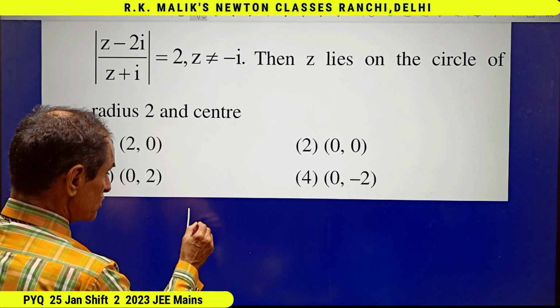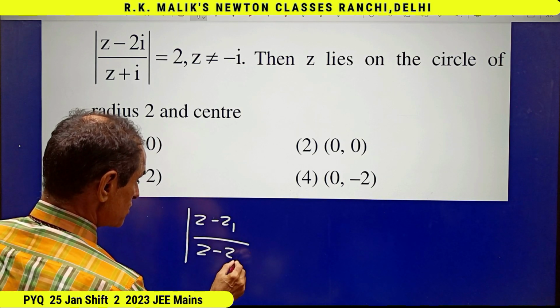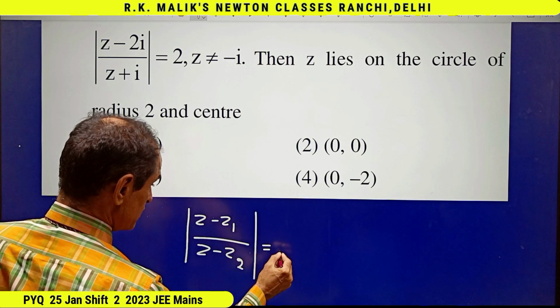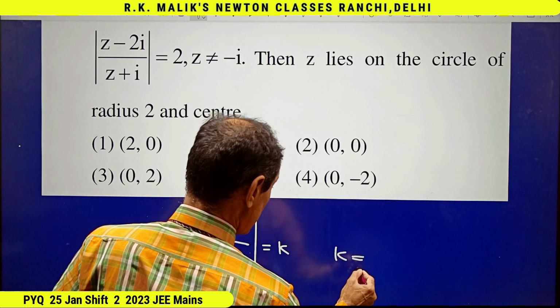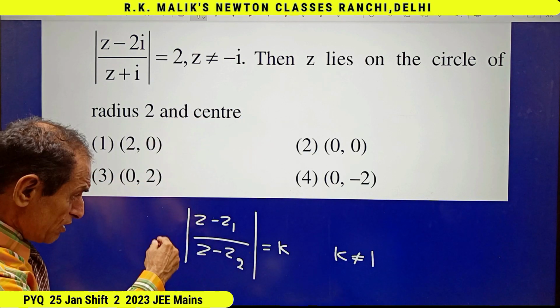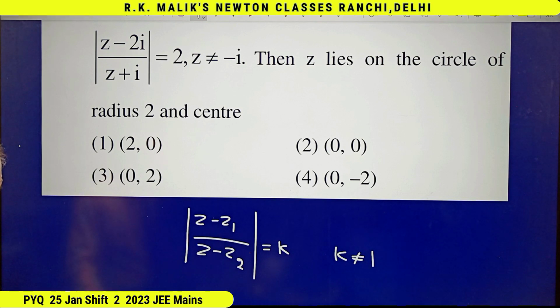Mod of (z minus z1 upon z minus z2) is equal to k, where k not equal to 1. Remember that this equation always represents a circle, and for that circle I'm going to tell you how to find the center and radius.